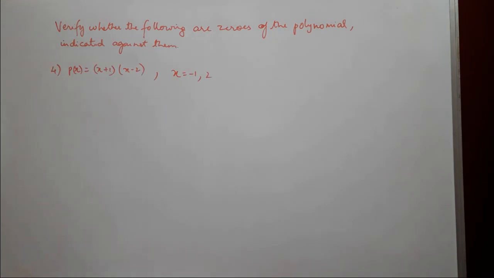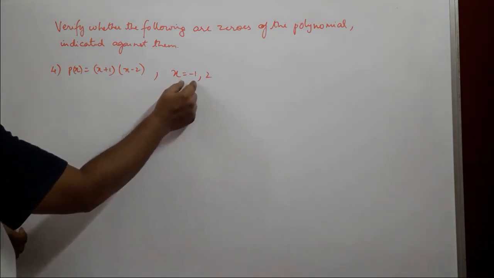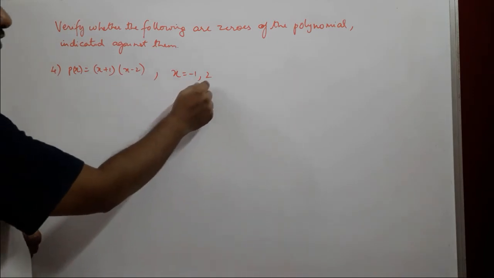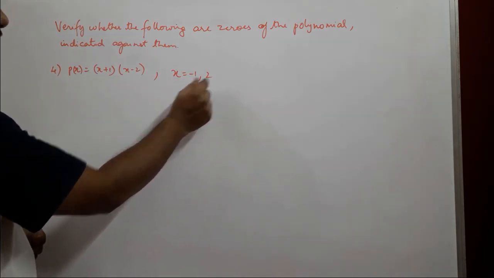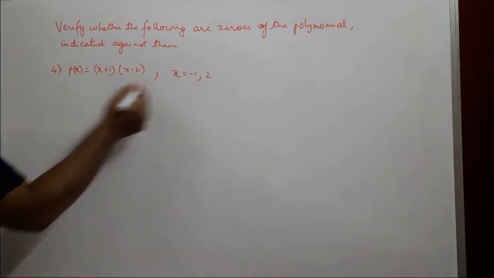Problem says p of x equal to x plus 1 into x minus 2. Okay, we need to check at x equal to minus 1 whether the polynomial becomes 0, and also at x equal to plus 2 if the polynomial becomes 0. So let's check with x equal to minus 1 first.